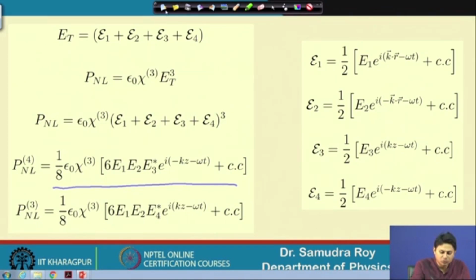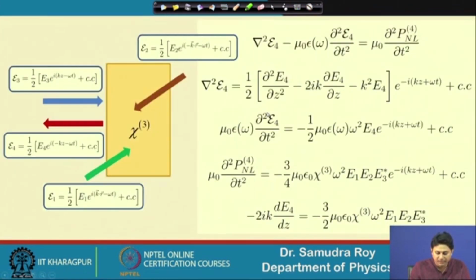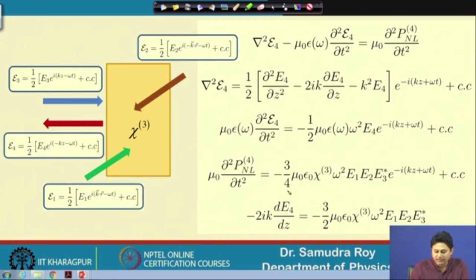So we will do the same thing here in this slide, and we will find it should be 3 by 4. If you remember, the 6 and the 8 boil down to 3 by 4, mu 0 epsilon 0 is already there, chi 3, omega square will come out, and this is the amplitude term, this is the important term.